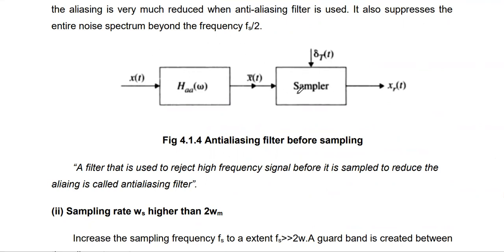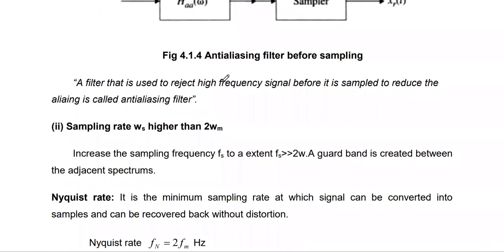Before performing the sampling, the x of t signal must pass via one filter, an anti-aliasing low pass filter, in order to reject the high frequency components. This filter is called the anti-aliasing filter. A filter that is used to reject the high frequency signal before it is sampled, to reduce the aliasing, is called the anti-aliasing filter. This is the one thing.